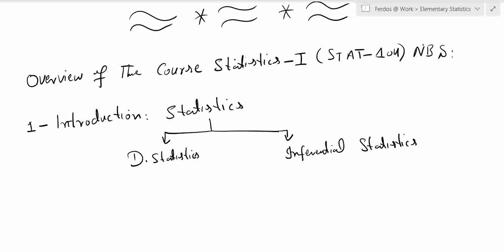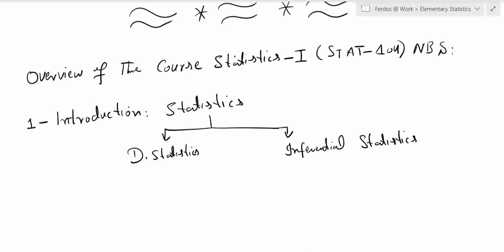In descriptive statistic, we summarize the data which we have. We just summarize the data. We don't need to draw some conclusion about the bigger data set like the population data set. So we just analyze the data. In inferential statistic, we analyze a small portion of the data, that we can say sample data, and we draw conclusion about the population. So this is the difference between descriptive statistic and inferential statistic.